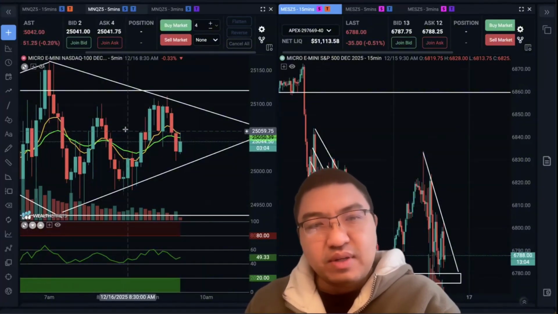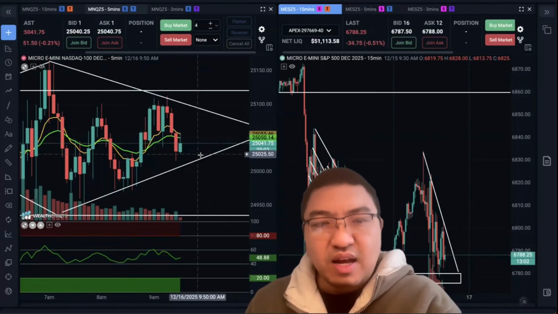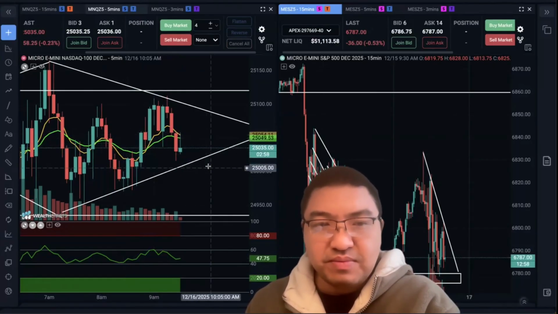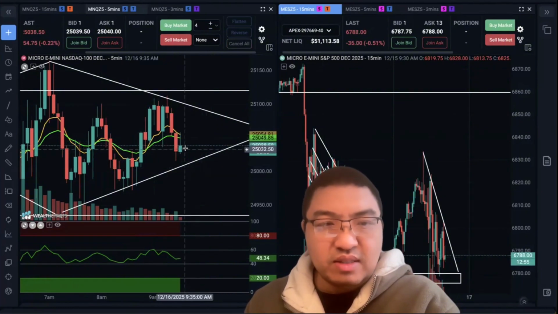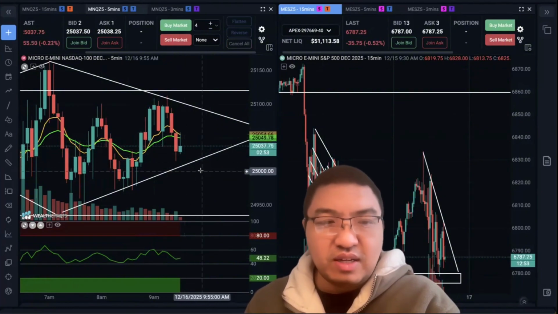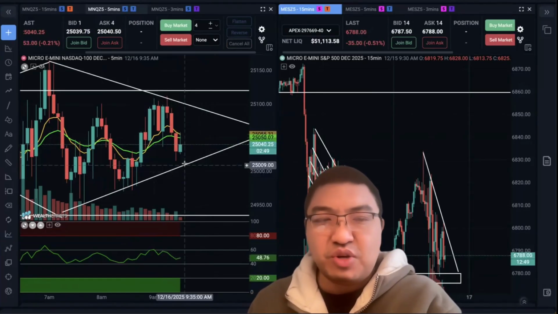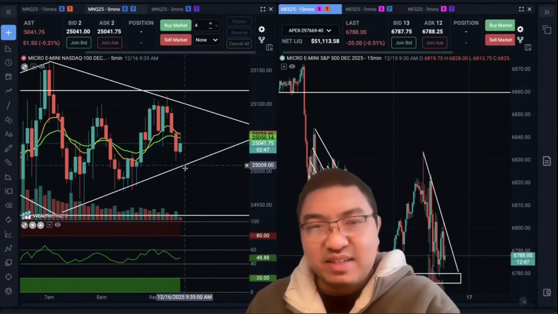Okay, we'll see. Next time when it reaches the boundary, maybe I can bet a little bit or see a signal, assuming that the trend line is still effective.